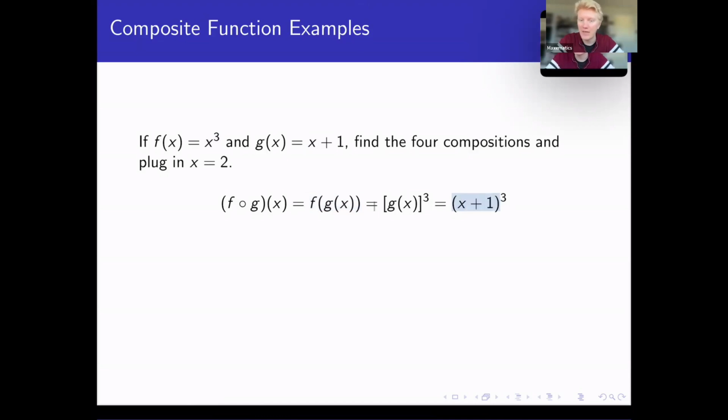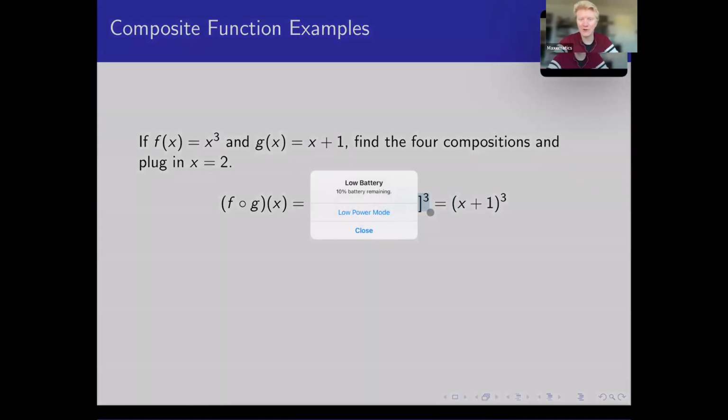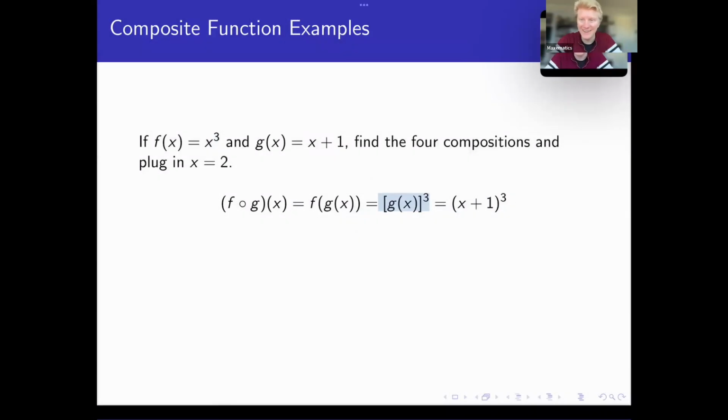So if this middle step is confusing to you, that's totally fine. If you are not seeing this middle step, but you see this ending step and all the ending steps we're about to do, that's totally fine. Do as you need. Okay, so if we want to plug in x equals 2, f of g of 2 would be 2 plus 1 cubed, 3 cubed, 27.